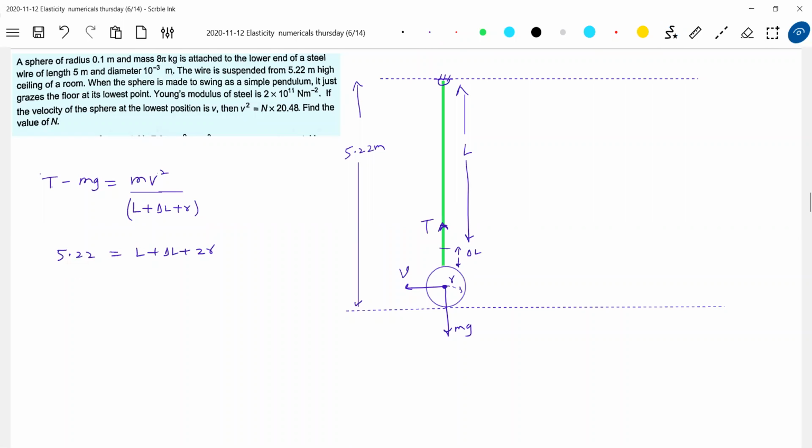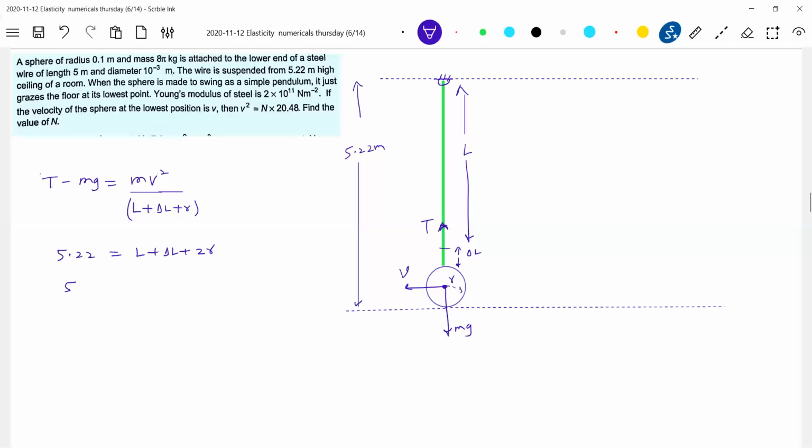Because the length from ceiling to the ground is the total length of the wire, meaning initial length plus elongation plus 2 times the radius, or the diameter of the sphere. So from that, I know R, L and 5.22 meter, so I'll get the elongation.